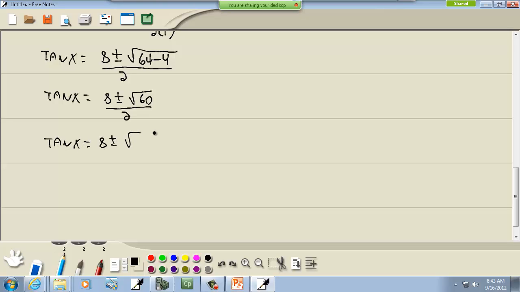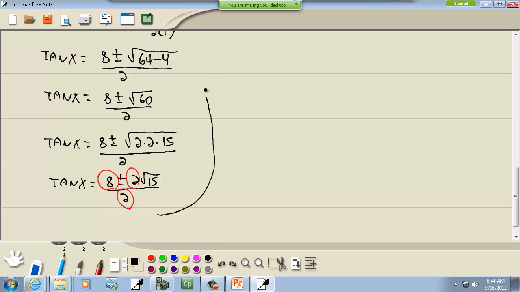Which gives us 8 plus or minus, and 60 is 2 times 15. Bring out a 2, because remember square root, we're looking for a pair of somethings. And remember, if you can divide this number and this number by the same number, do so. And they're all divisible by 2. So we got tangent x is equal to 4 plus or minus 1 square root of 15 over 1, or tangent x is equal to 4 plus or minus square root of 15.